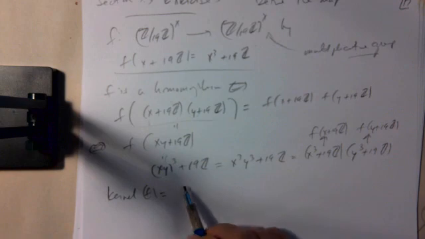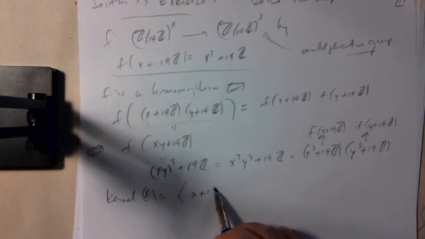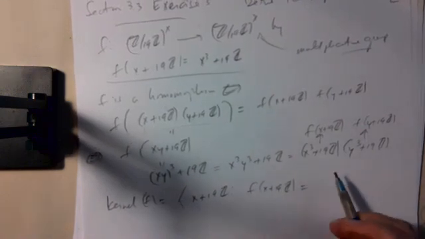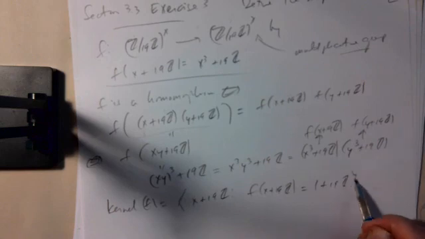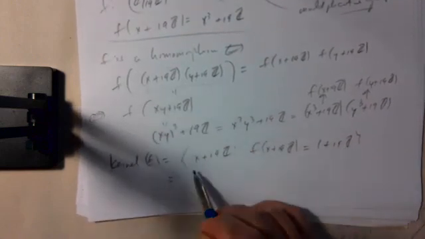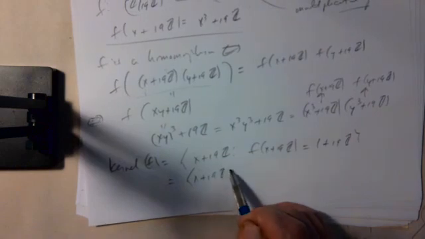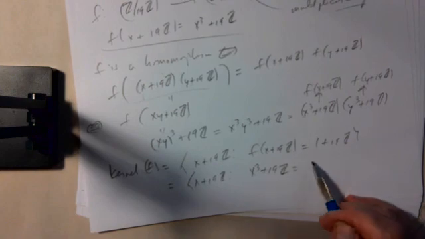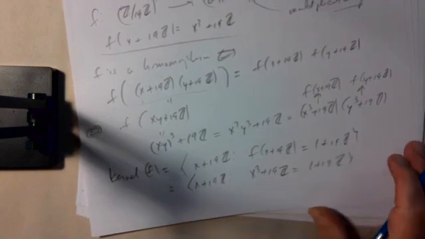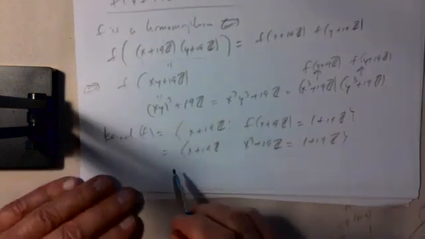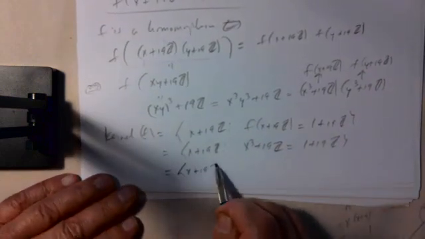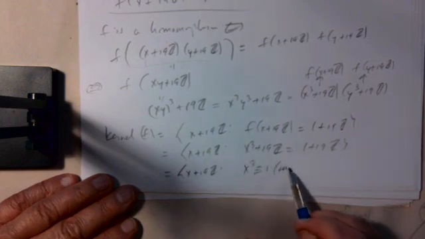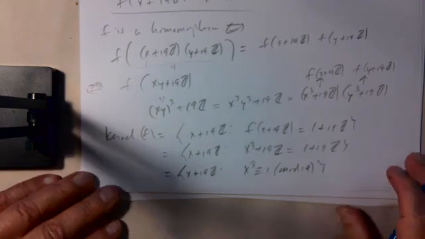is everything that gets sent to the identity. So this is all x plus 19z such that f of x plus 19z is 1 plus 19z. So this is all x plus 19z such that x cubed plus 19z equals 1 plus 19z. So this is all x plus 19z such that x cubed is congruent to 1 mod 19.